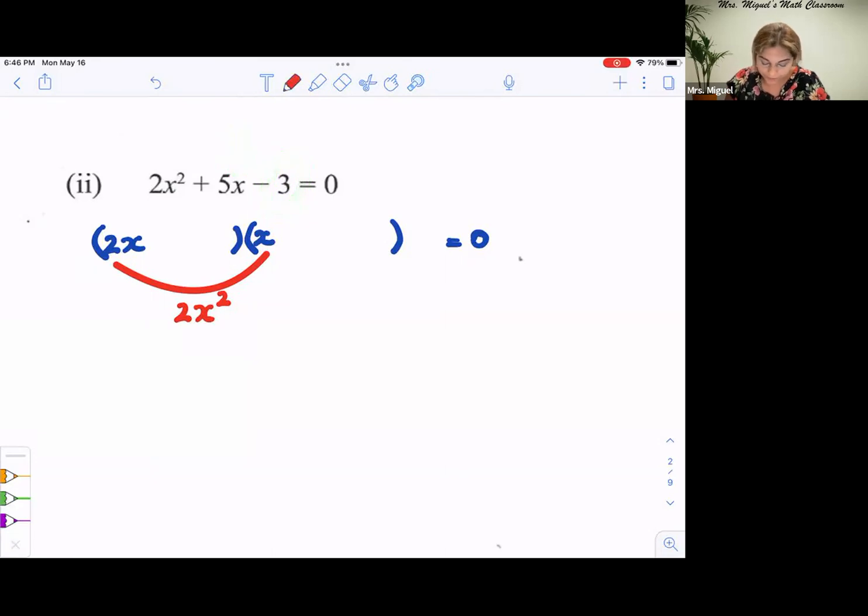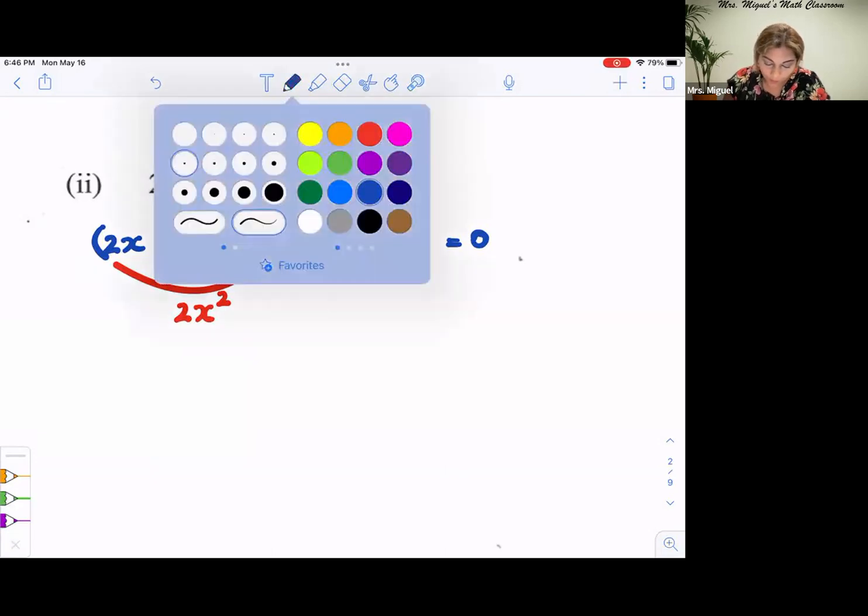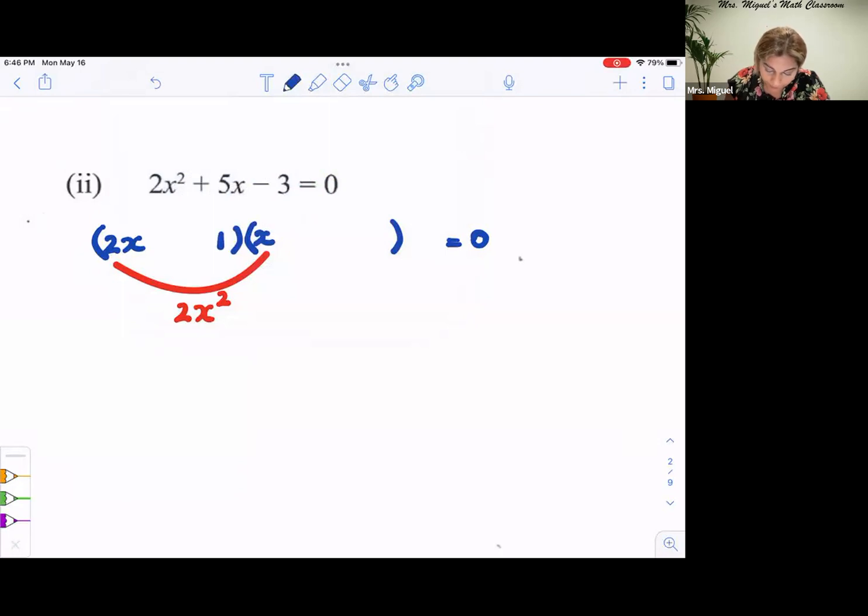So let me show you what I mean. So if I put 1 and 3 here, when I multiply this, I will get 3, right? But I need to get -3 and +5.